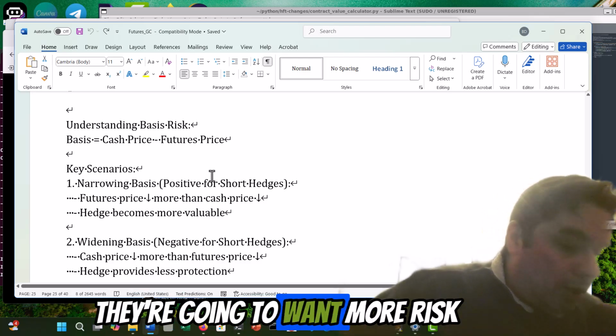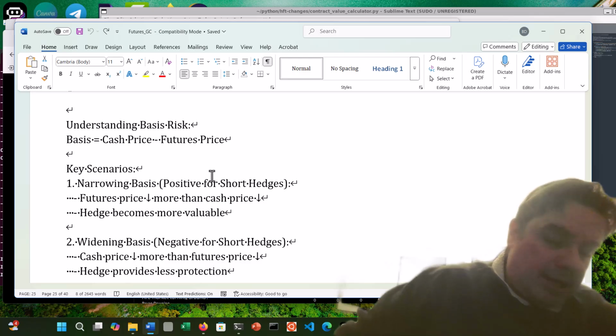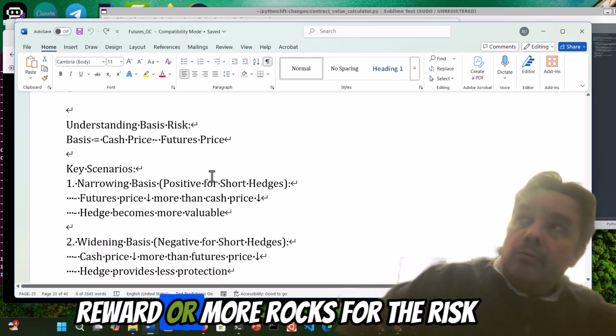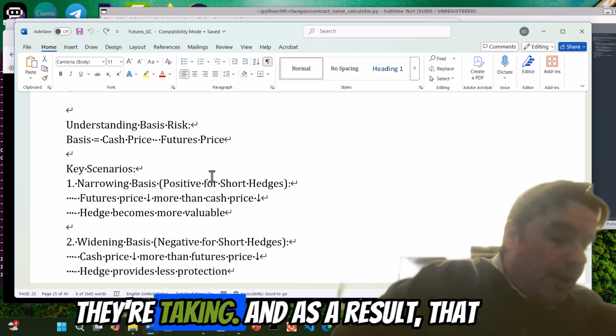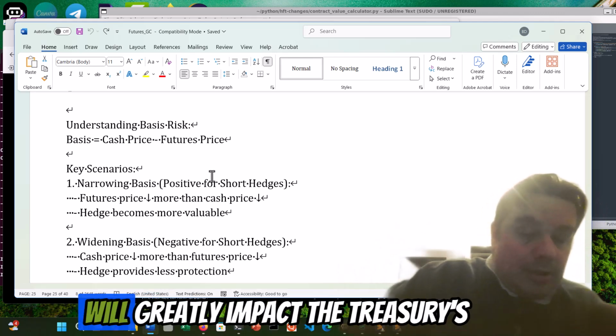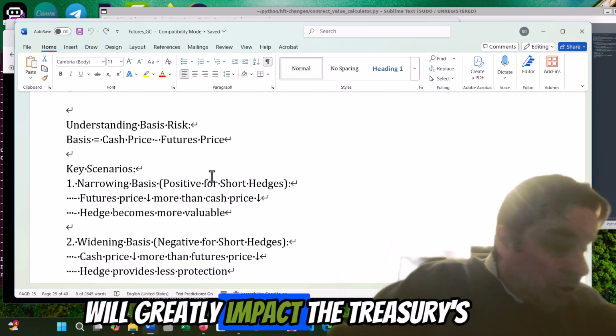They're going to want more reward for the risks they're taking, and as a result, that will greatly impact the Treasury space.